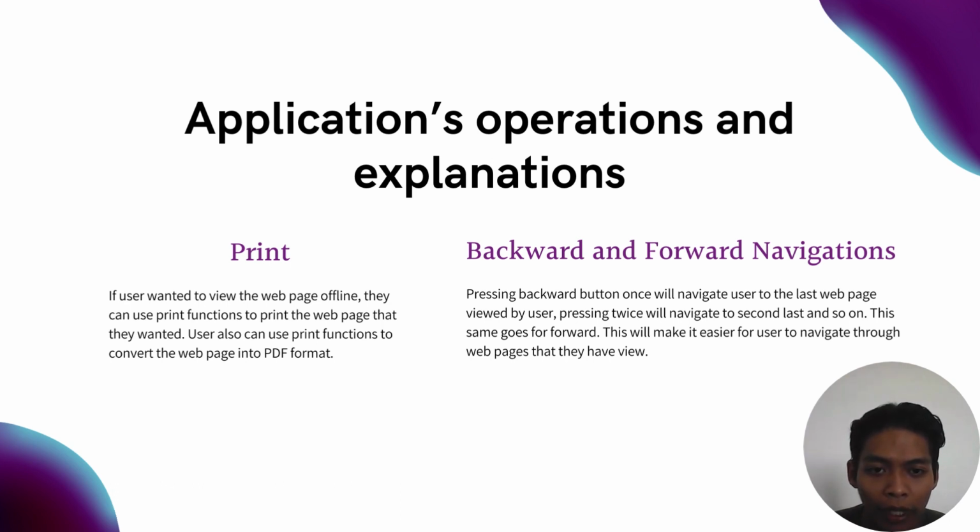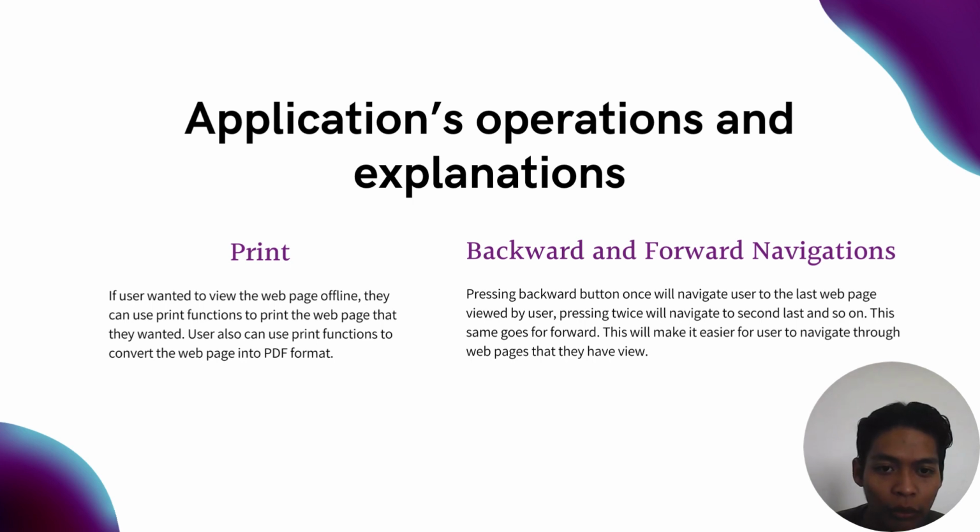Okay, for the backward and forward navigation, pressing the backward button once will navigate the user to the last page. As we know, when we press the back button, it will take us to the last page that we browsed.